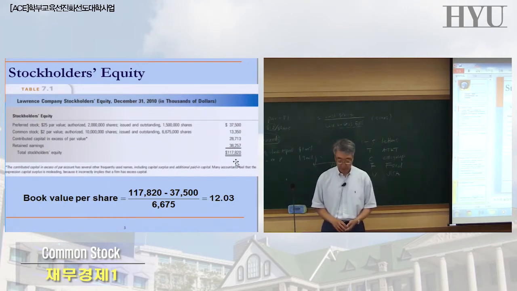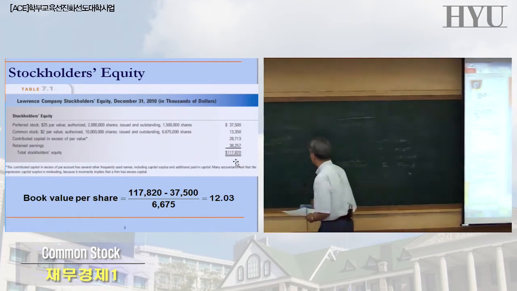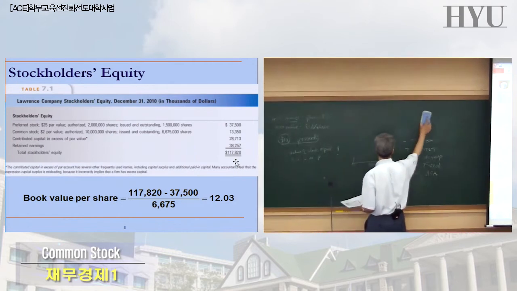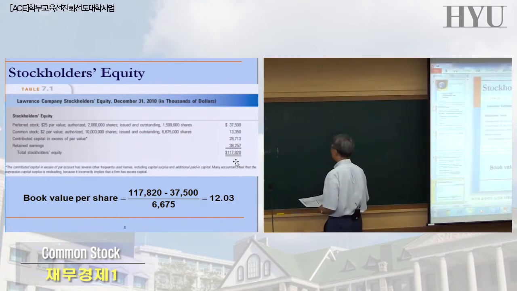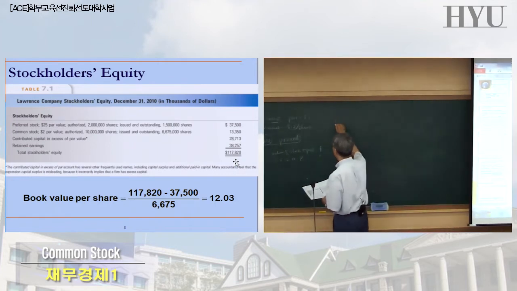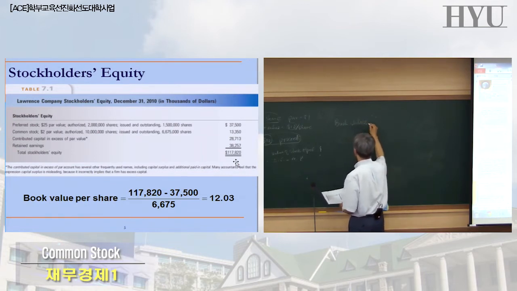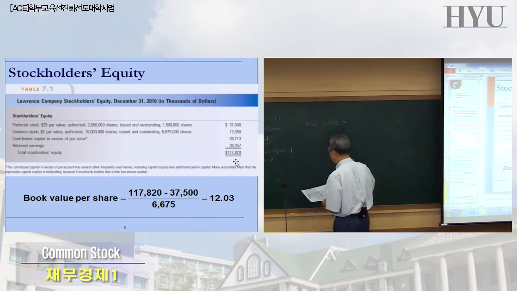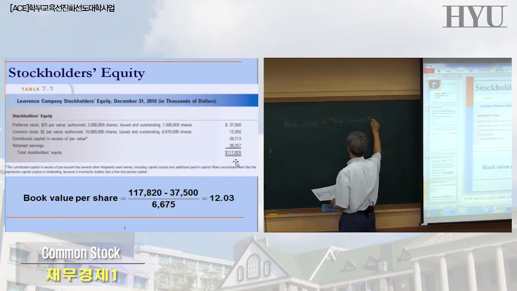But the book value, when we say book value, simply means total common equity. Another thing we need to learn here is book value. Book value is the value of total common equity.